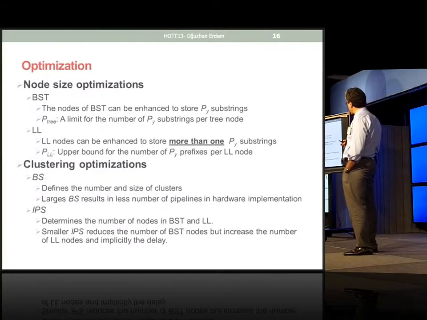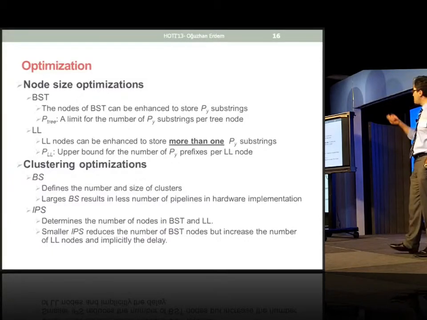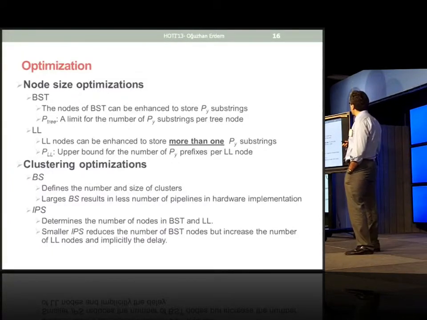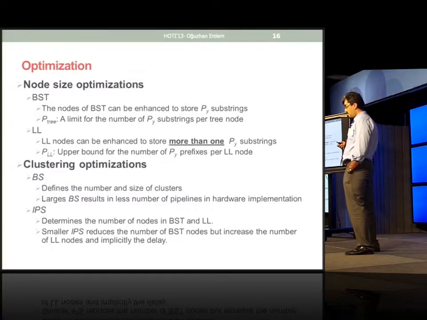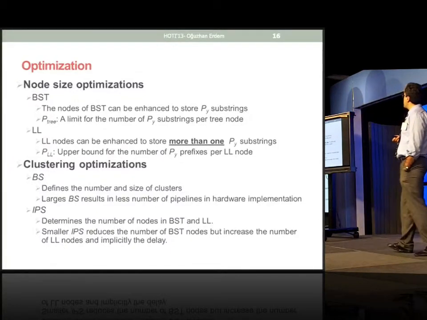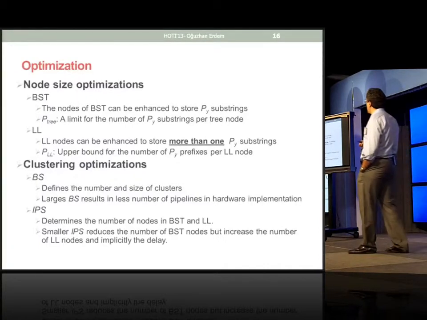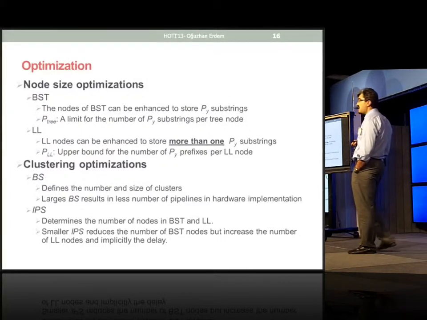And also in the second stage, the linked list nodes can be enhanced to store more than 1 PY part. We also set an upper bound for the number of PY prefixes in the linked list node. By using such optimizations, we can reduce the depth of the linked list structure in the second stage.